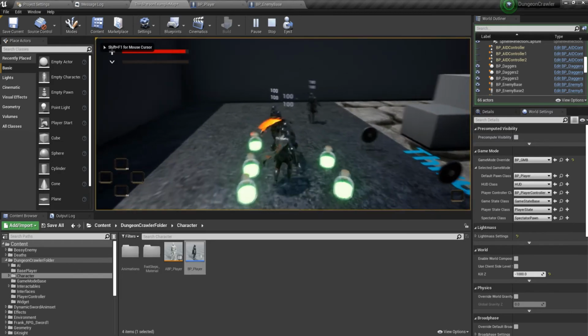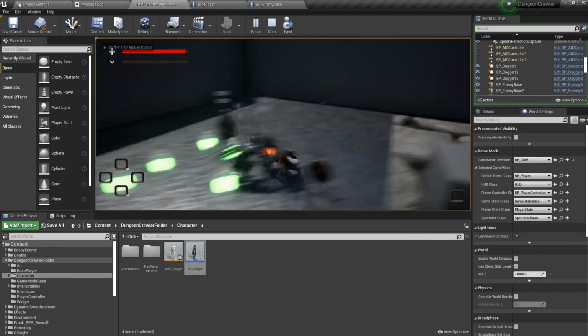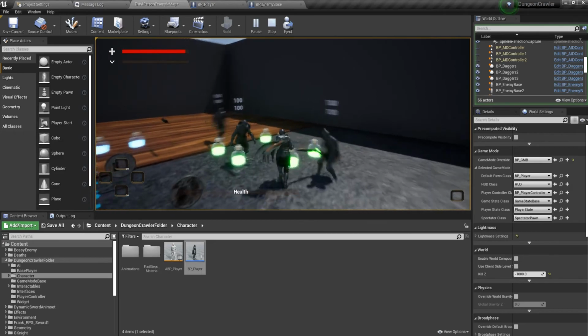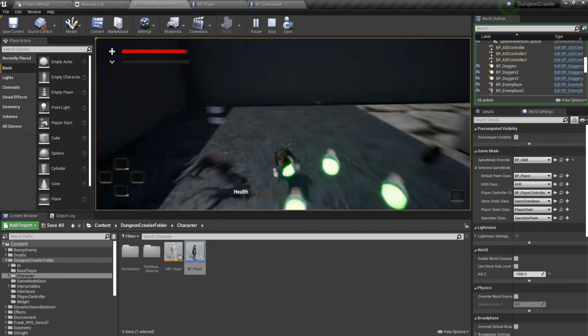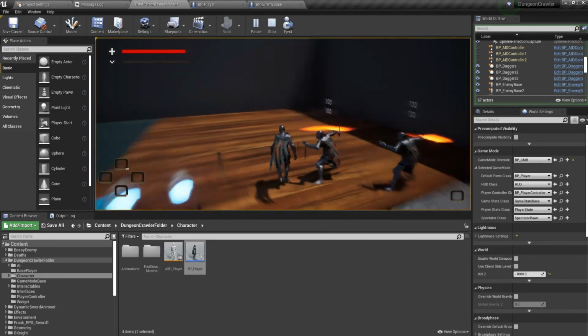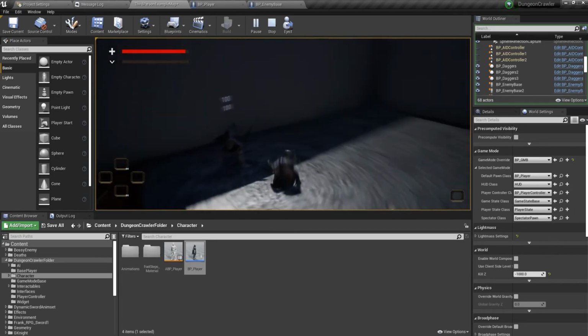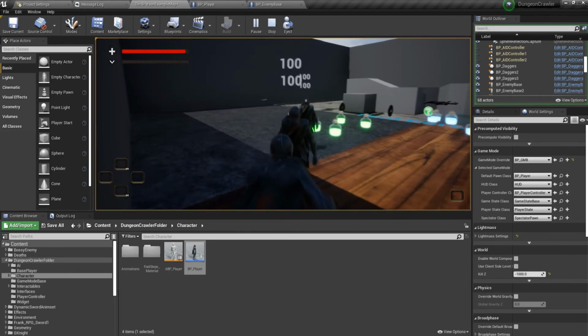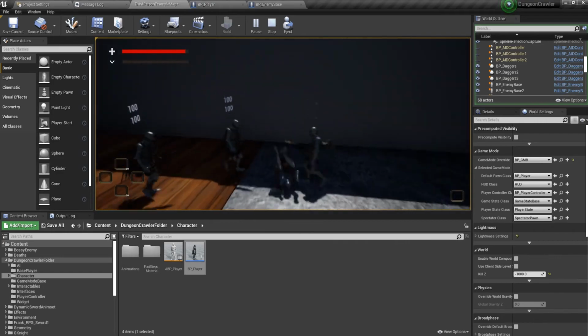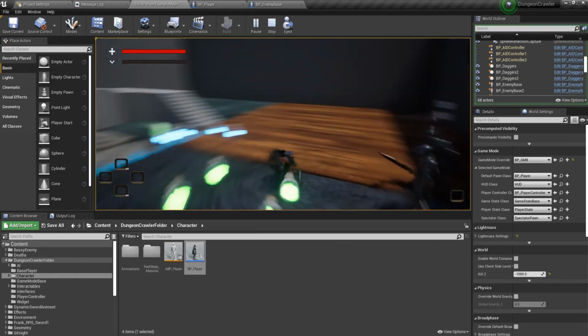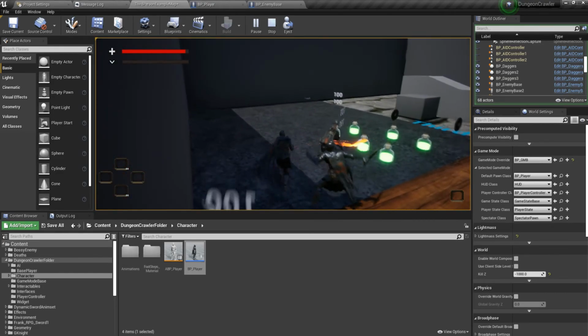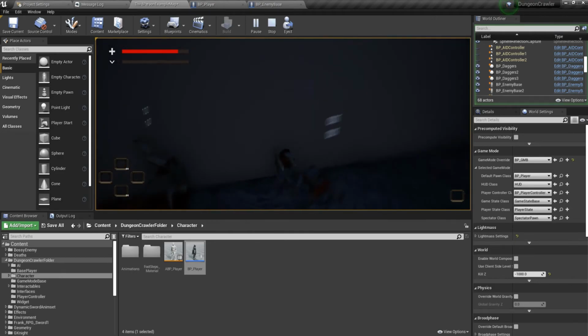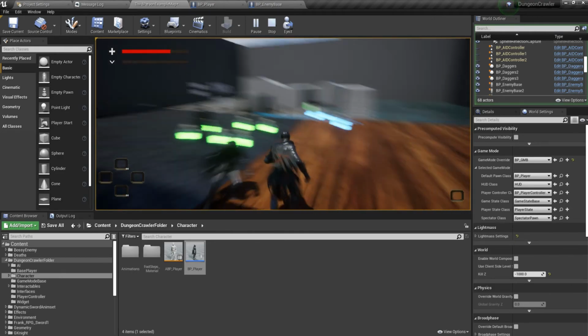And now they shouldn't be jumping off. They don't seem to be jumping off, neither am I, which is good.